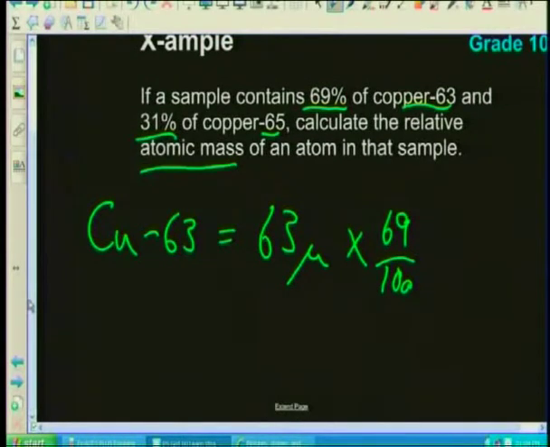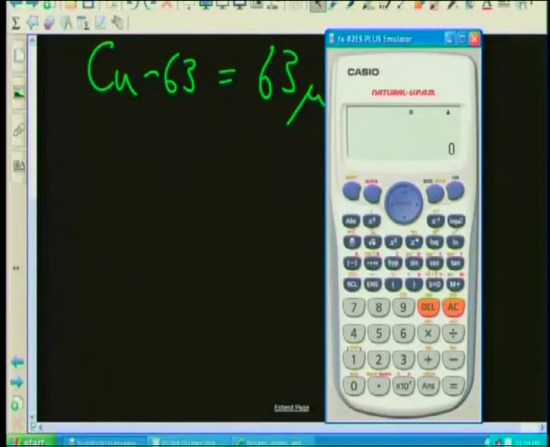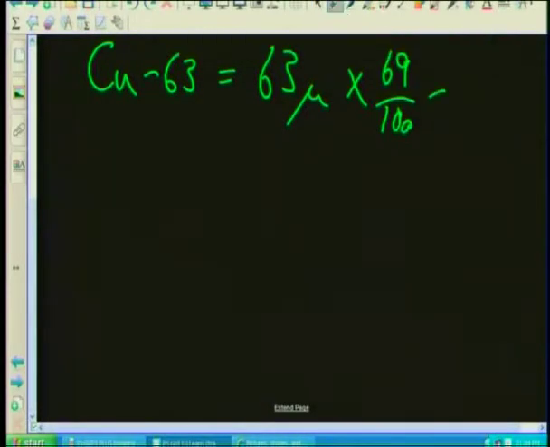Let's pull up the calculator. We're going to say 63 times 69 divided by 100, and we get an answer of 43.47. So if we write that down, 43.47, and that's in atomic mass units.